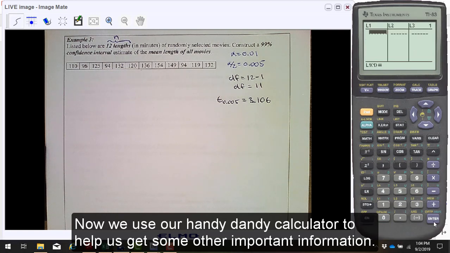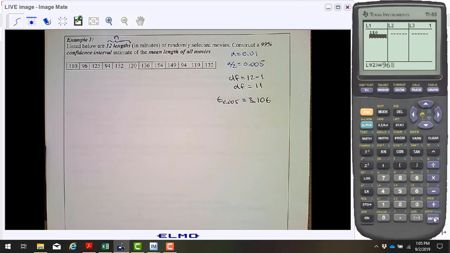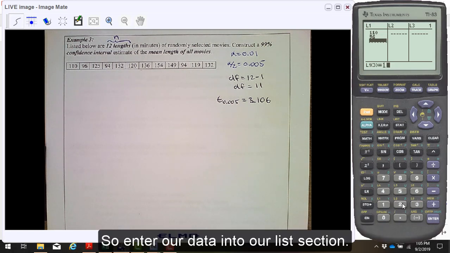Now we use our handy dandy calculator to help us get some other important information. So enter our data into our list section.